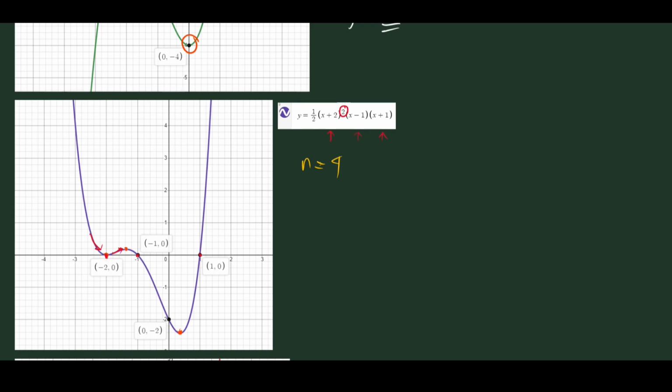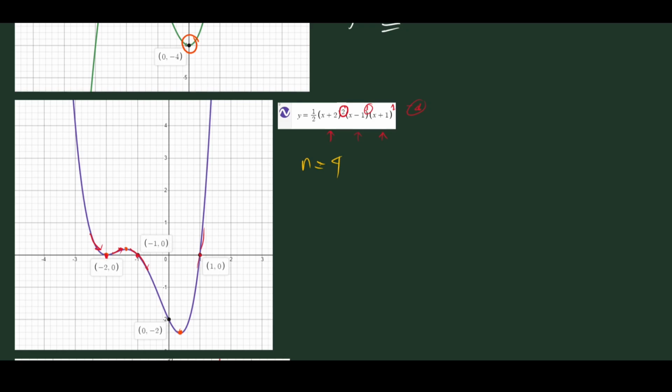For x plus 1, at (-1, 0), you have a multiplicity of 1 because it crosses. And then another one is right here, (1, 0), so you have another multiplicity of 1. So a total degree of 4. That makes sense also.